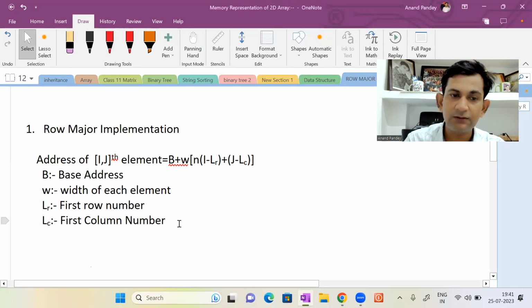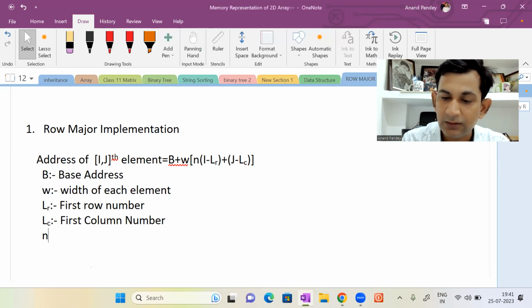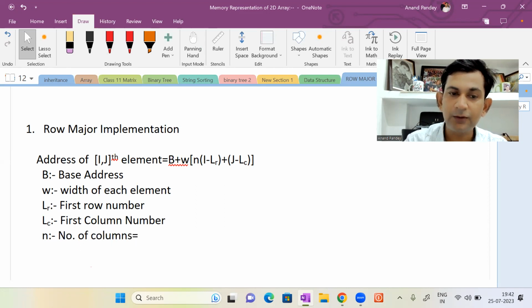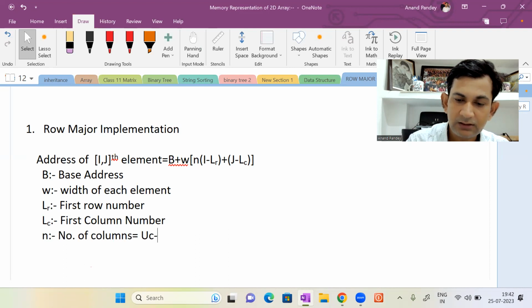See, this is the formula of row major implementation. In case of row major implementation, we require the number of columns. The formula for the number of columns is UC minus LC plus 1.